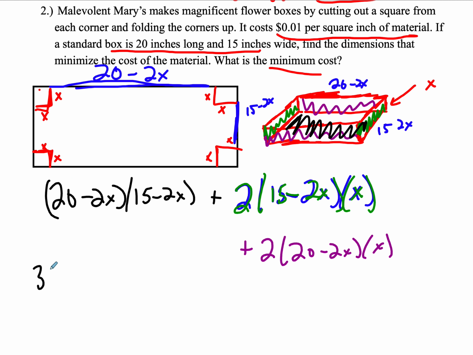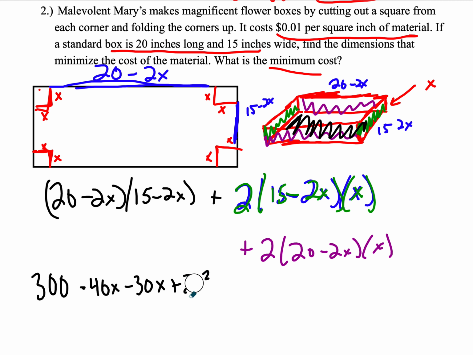So I've got 300, and again, you'd use your calculator for this. So 300, I'm gonna be a little bit more careful with that. 300 minus 40x minus 30x plus 2x squared, 4x squared.